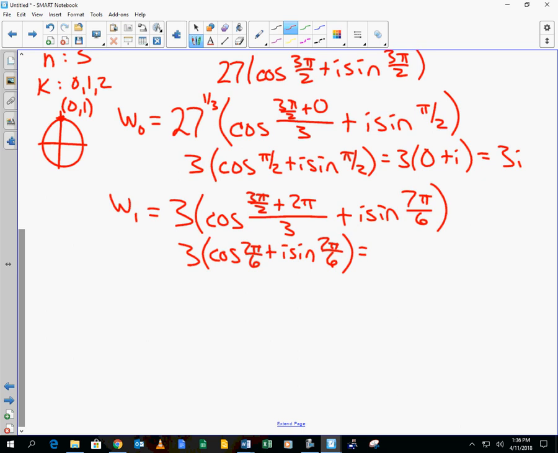Pi over 6, how many degrees? 210, which leaves what kind of triangle? 30, 60, 90. What is the terminal point? Very good. So I have 3 times negative root of 3 over 2 minus 1 over 2I, which is negative 3 roots of 3 over 2 minus 3 over 2I.